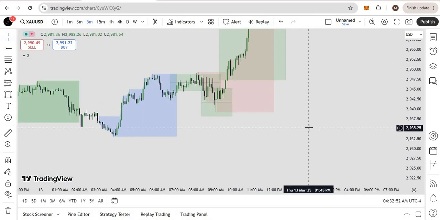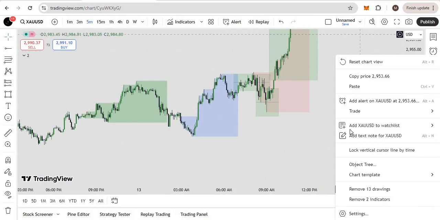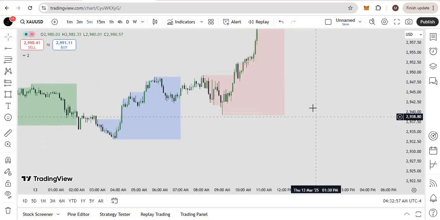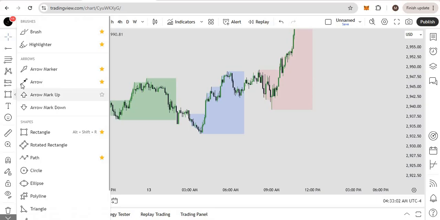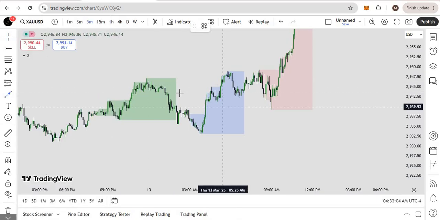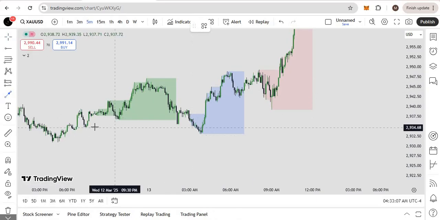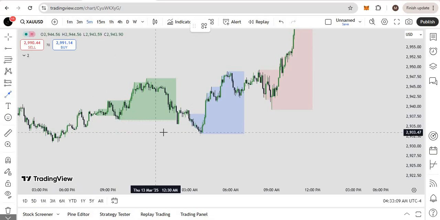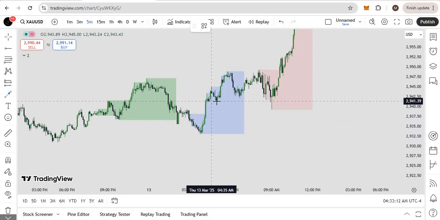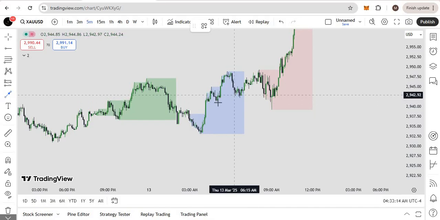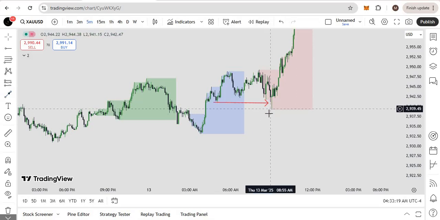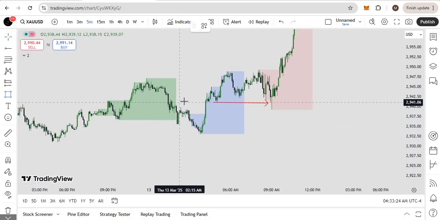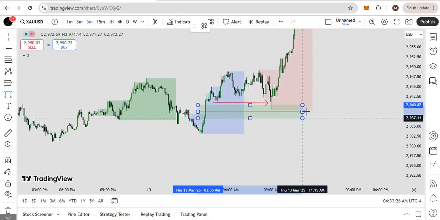So if you see here, what happened: price took the liquidity of Asia below, and then we have these 1, 2 relative equal lows that price took the liquidity of, and tapped into the fair value gap.